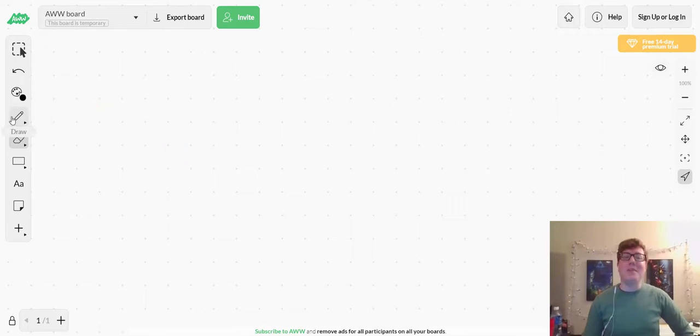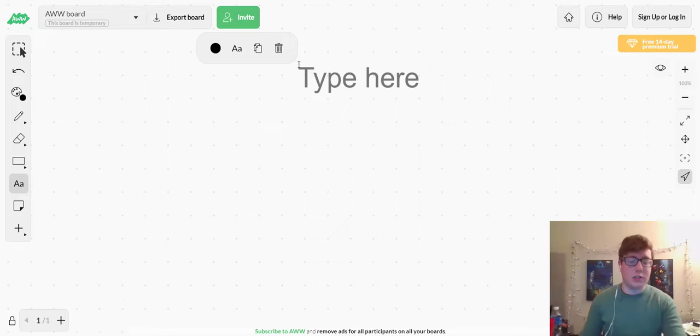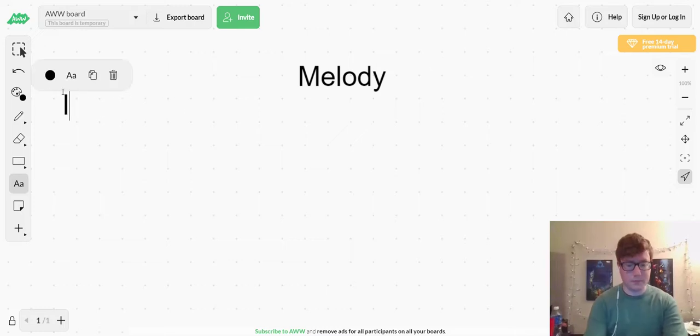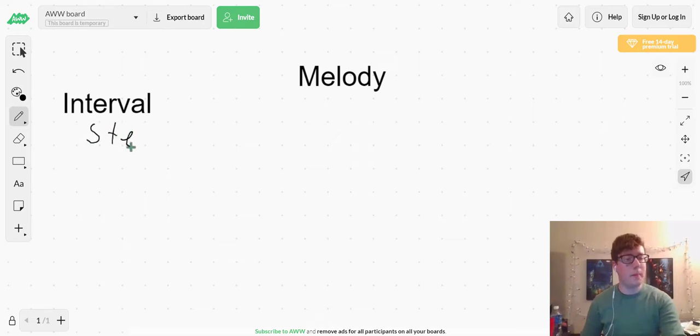Too bad. Alright, so we were talking about the idea of melody, and we discussed the interval of a step. But I mentioned that there was something other than a step as well. And that was a skip.